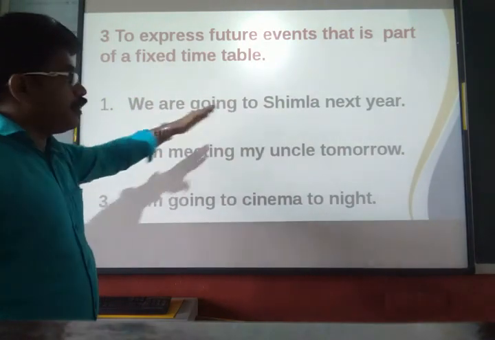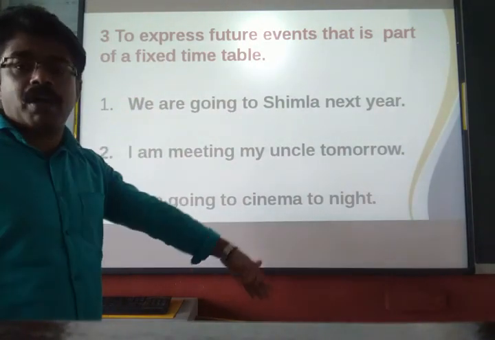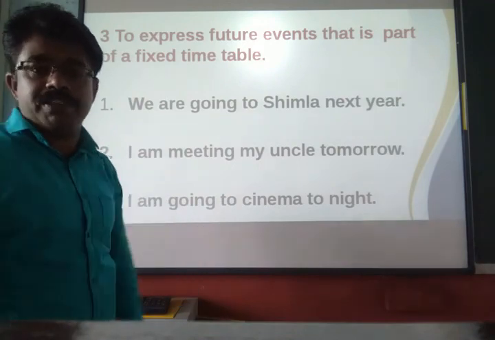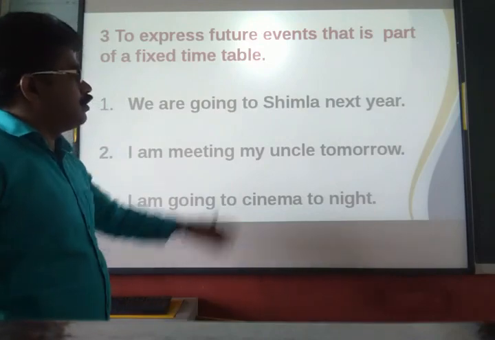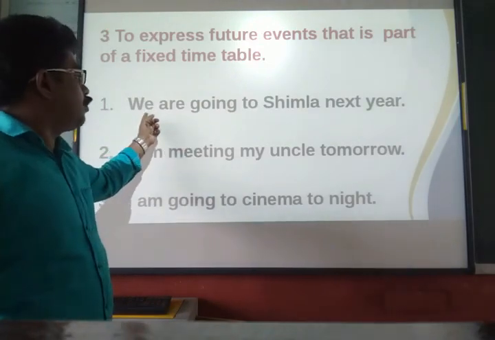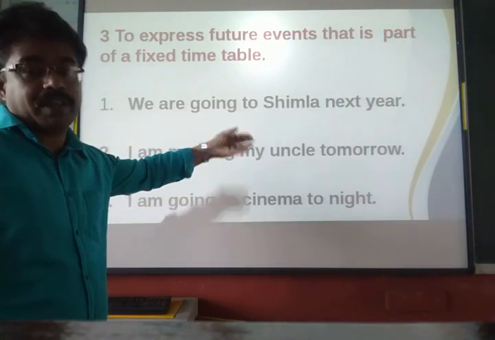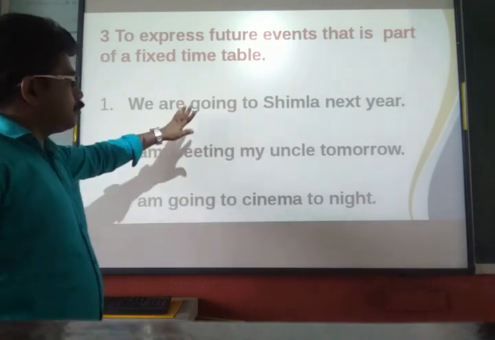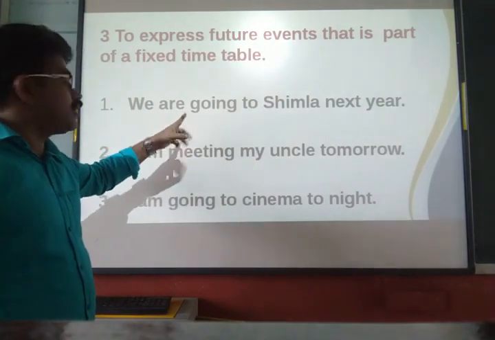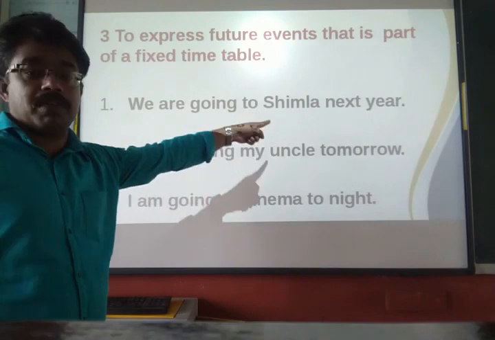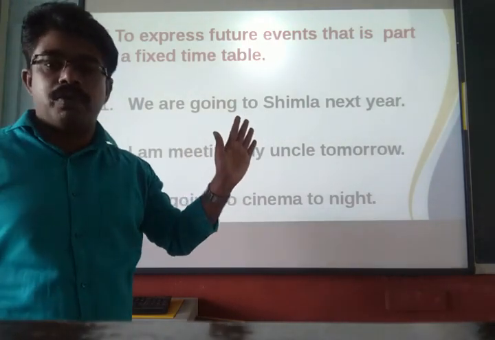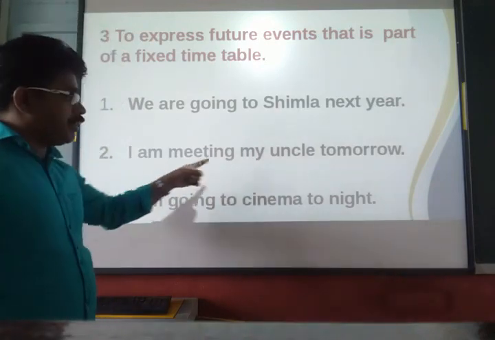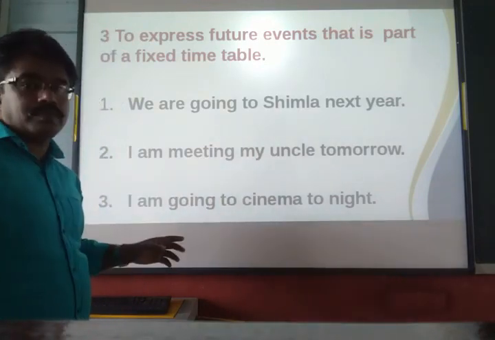For example, we are going to Shimla next year. It's already part of our holiday trip. We have already arranged that during the next vacation we will be going to Shimla. Here we are using 'we are going'. It can also be said 'we will be going', but the present continuous tense can easily be used. I am meeting my uncle tomorrow.